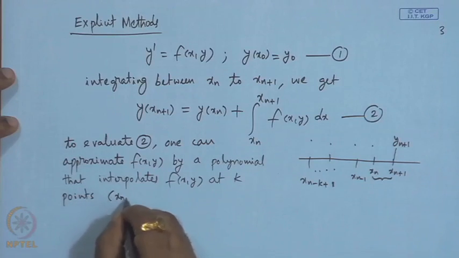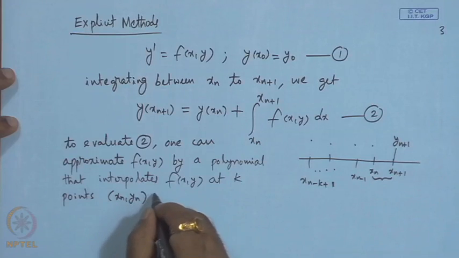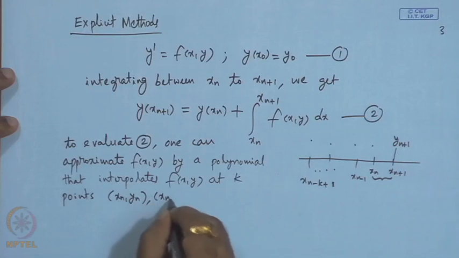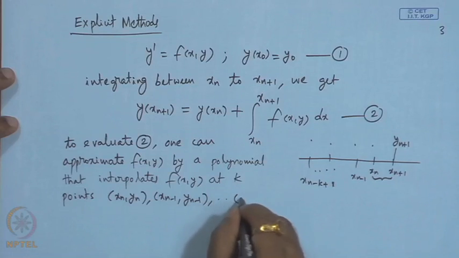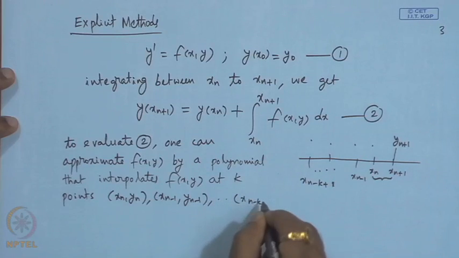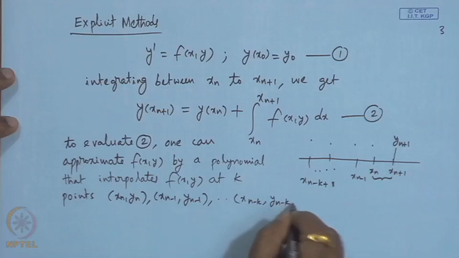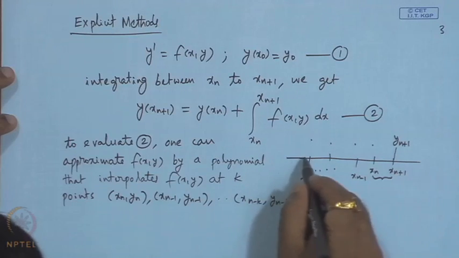What are they? x n, y n, x n minus 1, y n minus 1, up to x n minus k.